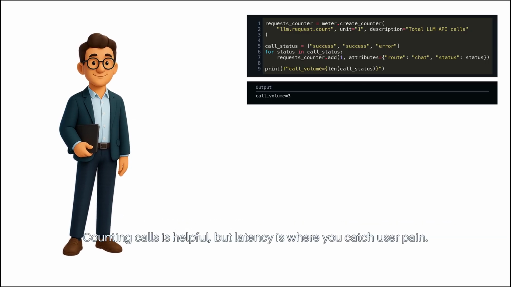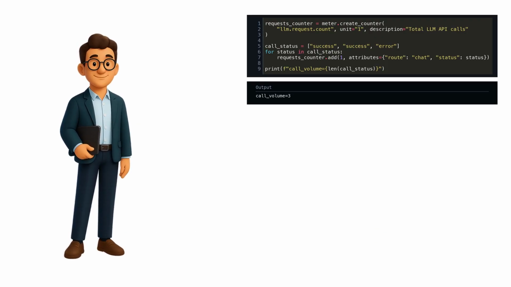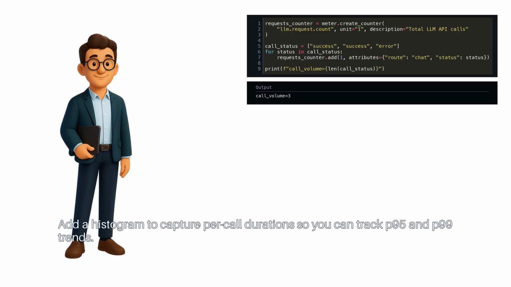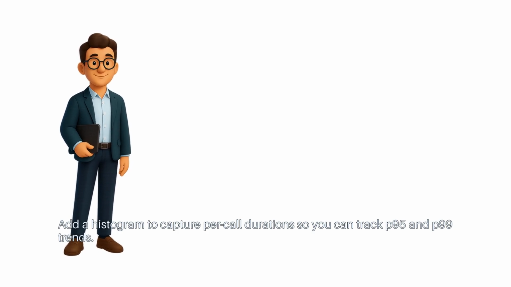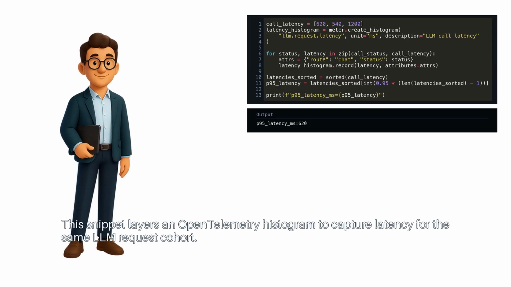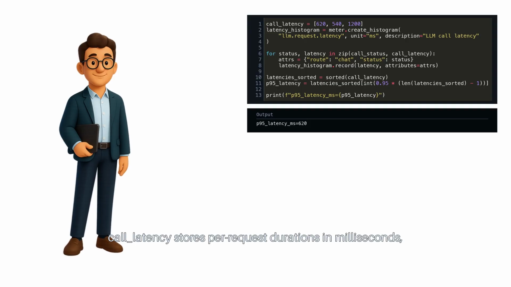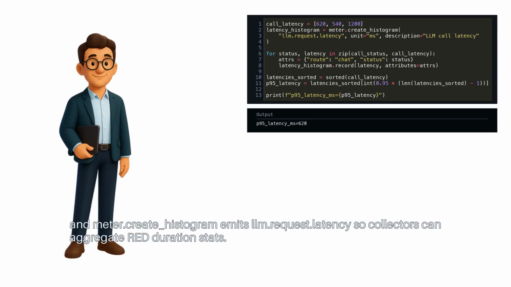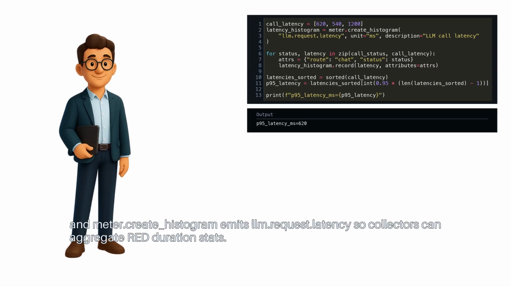Counting calls is helpful, but latency is where you catch user pain. Add a histogram to capture per call durations so you can track P95 and P99 trends. This snippet layers an OpenTelemetry histogram to capture latency for the same LLM request cohort. Call latency stores per request durations in milliseconds, and meter create histogram emits LLM.request.latency so collectors can aggregate RED duration stats.